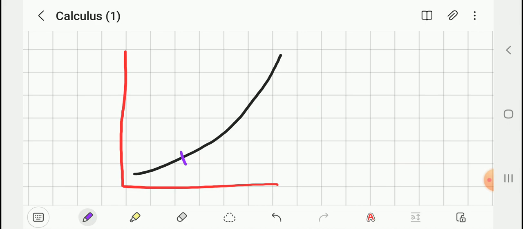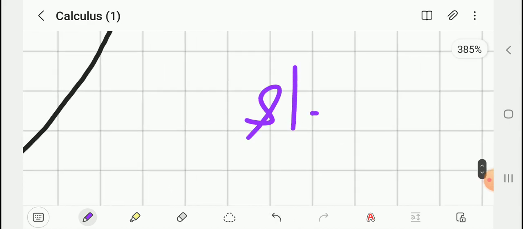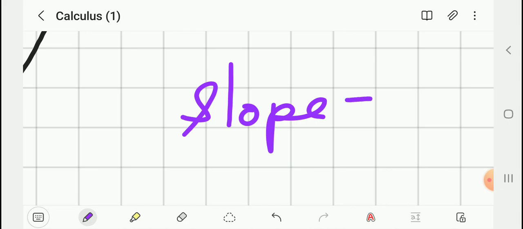We can't find it directly, because it's slanting, we can't apply tan theta here. I hope you all know that slope is equal to tan theta.